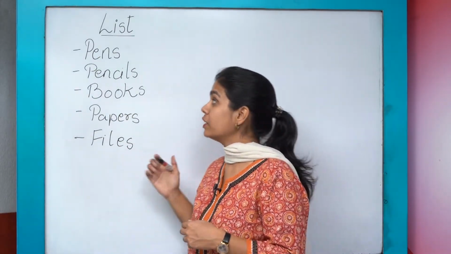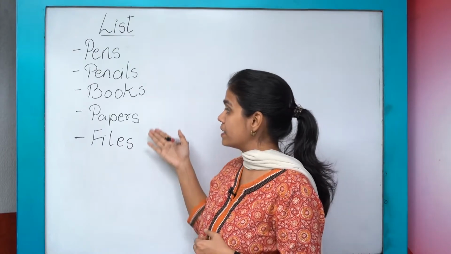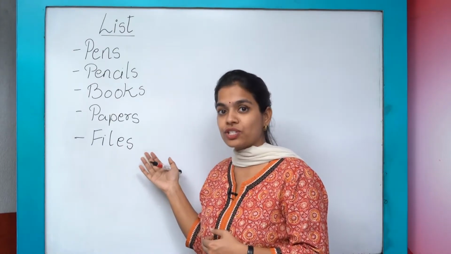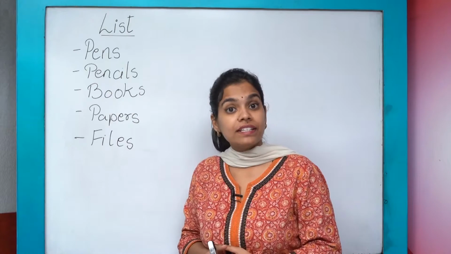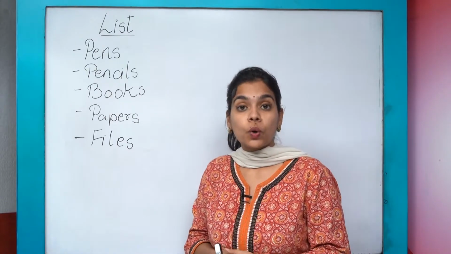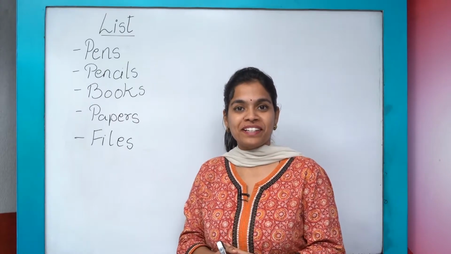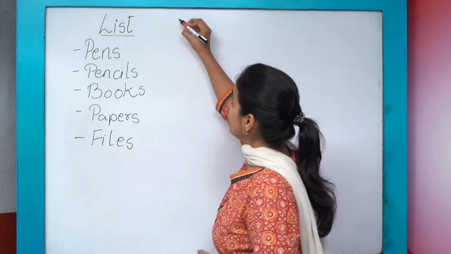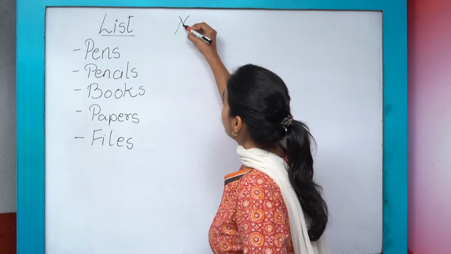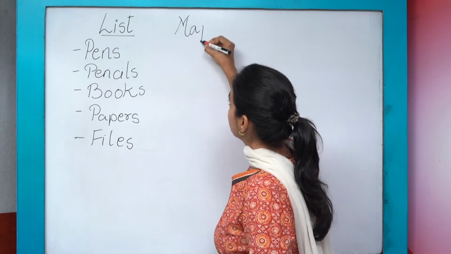Children, here you can see we have made a list of all the stationery items that we find in school. Okay, now let's draw a map of our school. Here we will be drawing a map.